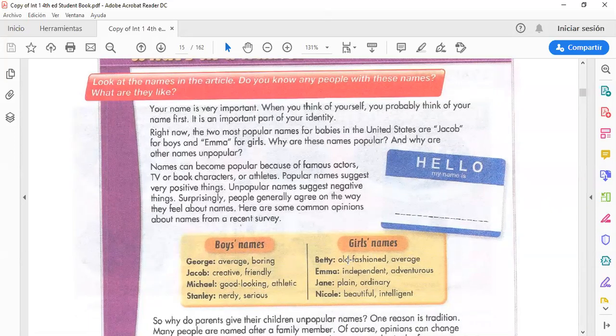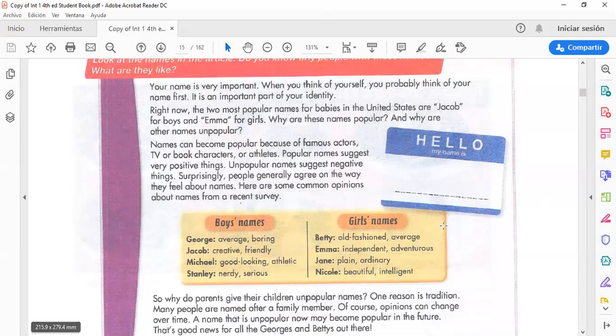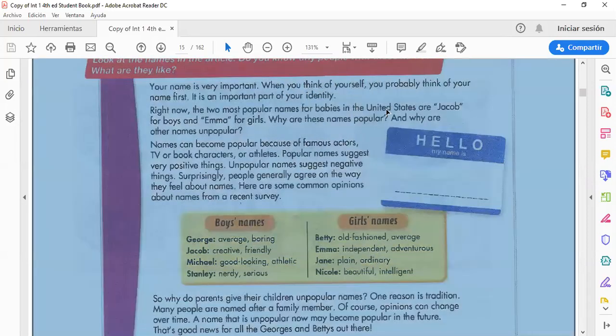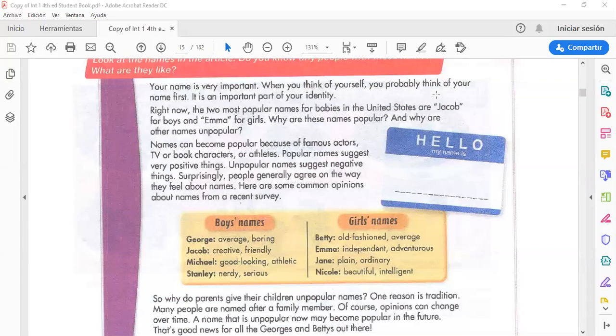And so guys, continuing with this, you're going to read this article and extract the vocabulary you don't know, okay? Like if there's a vocabulary you don't understand, like for example, your name is very important. When you think of yourself, what is yourself? Do you remember? Reflexive pronoun.